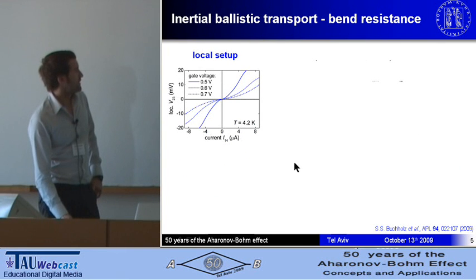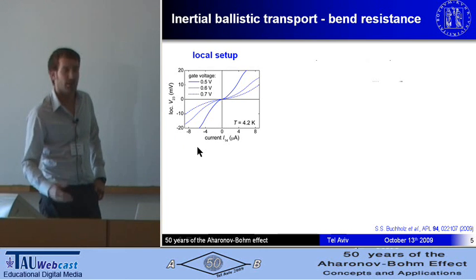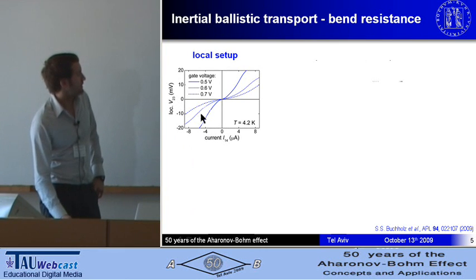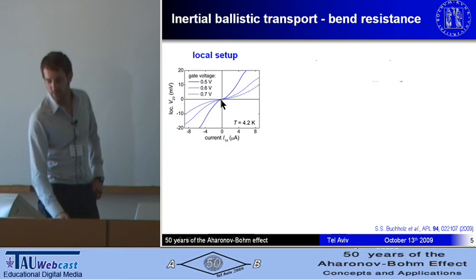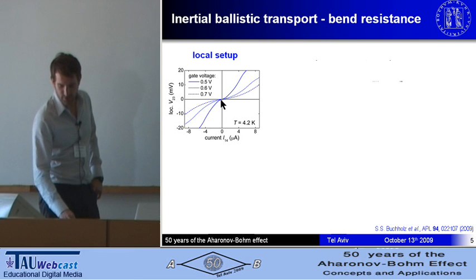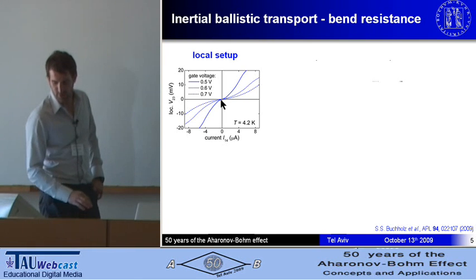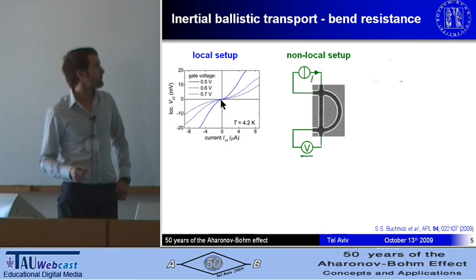Here you see a VI characteristic in the local setup, in the DC, that is in the nonlinear transport regime. And we find a rather regular ohmic behavior, except for this little nonlinearity around zero current. And we'll see in the non-local setup that this non-linearity is much more pronounced.